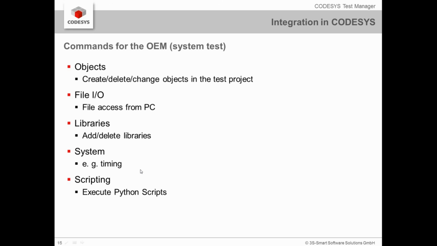You have timing options, and you can even execute Python scripts. You remember perhaps that CODESYS has an integrated Python script interface, so you can directly execute Python commands, for which you can as well use some test automation. But of course, they are not as convenient as what we have here in the CODESYS Test Manager.